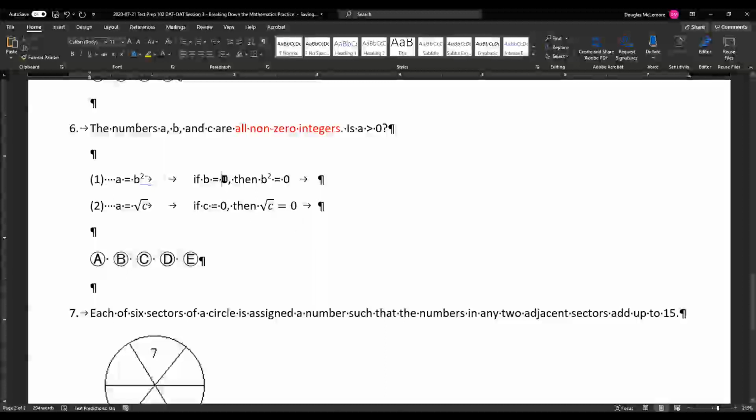So if B is 1, then what is B squared? 1. And I'm going to do my due diligence here. If B is -1, what is B squared? It's also 1. Now, is this sufficient? Is 1 now sufficient to tell me A has got to be greater than 0?